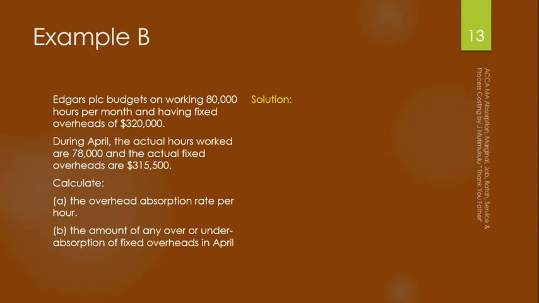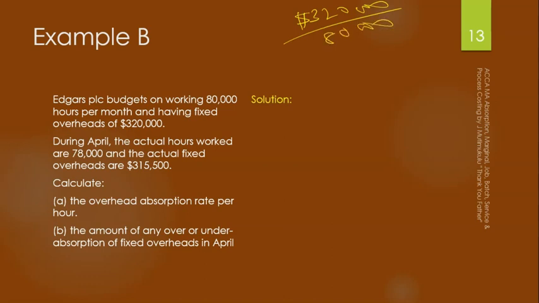We have got Edgar's PLC, which budgets on working 80,000 hours and having fixed overheads of 320,000. According to their budget, they have budgeted total fixed overheads of 320,000, and in terms of activity, 80,000 hours.